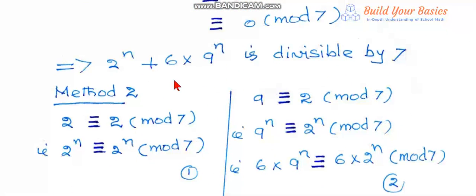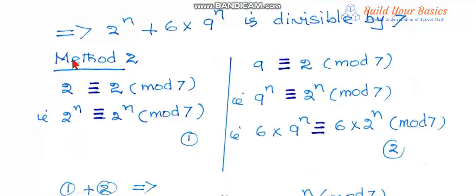Method 2. Now we write 2 in terms of 2 and 9 in terms of 2. 2 is congruent to 2 mod 7 because 2 minus 2 is divisible by 7. So this is correct.